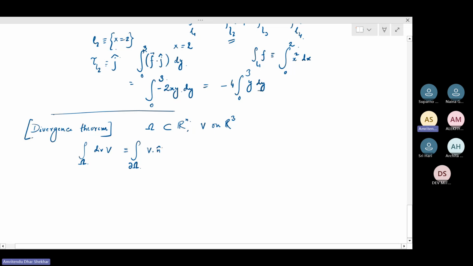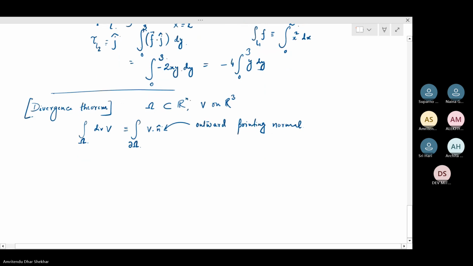Okay, where n cap is, I'll tell you what this is, the outward pointing normal. So let's say you have a bounded region over here, a bounded surface.